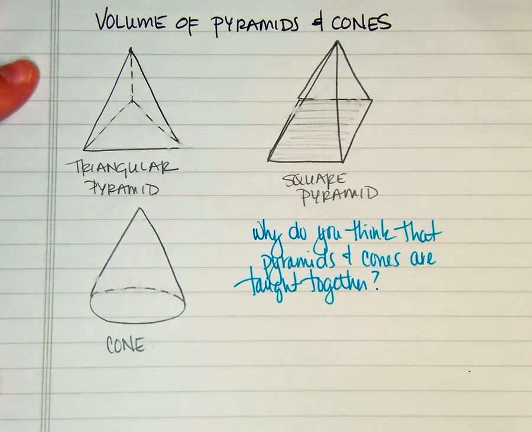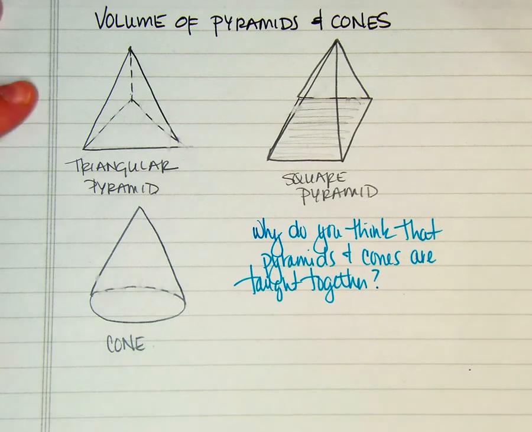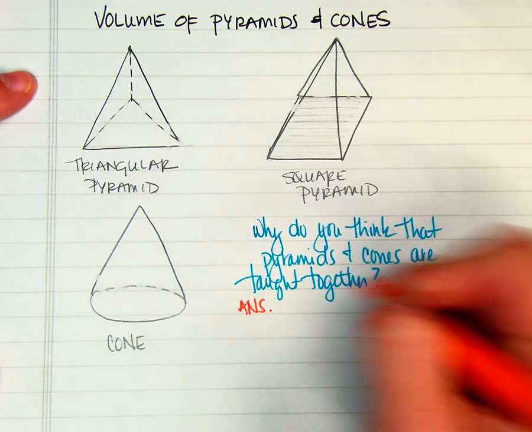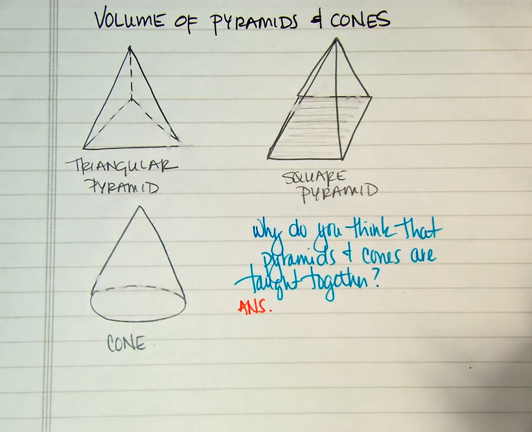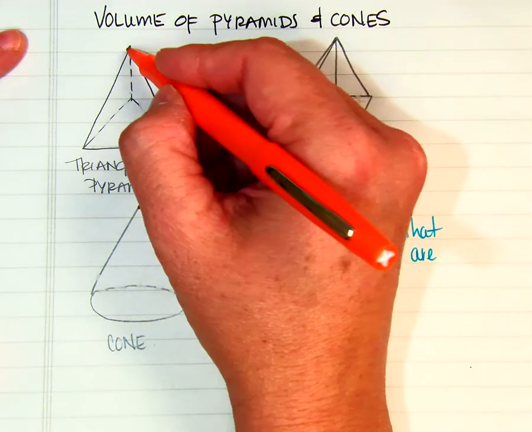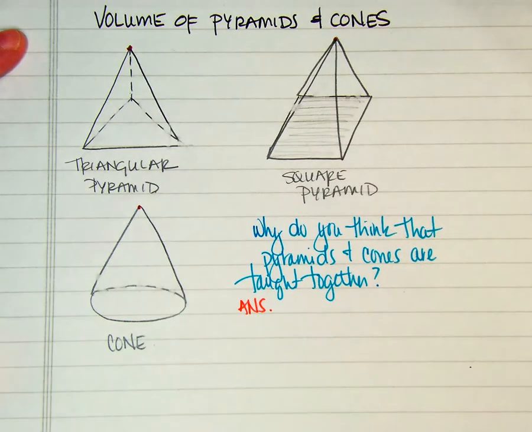Pause it if you need to. The answer would be because, just like the prisms and cylinders, you are using the same formula. And in every situation, they go to a point.